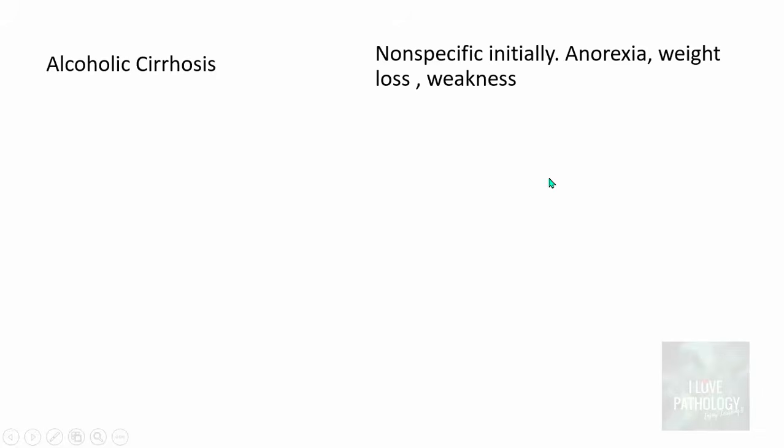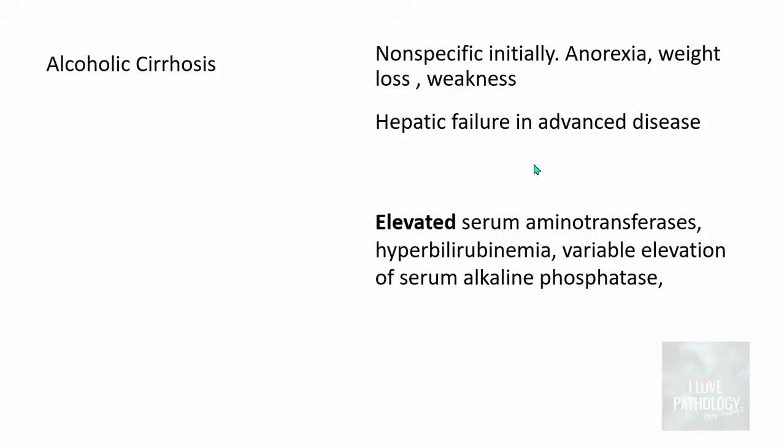Coming to the alcoholic cirrhosis stage, initially the symptoms are non-specific. Most often these patients will have anorexia, weight loss, and weakness. Hepatic failure is a feature often found in advanced cirrhotic patients. The elevated serum aminotransferases, increased bilirubin levels, and variable elevation of alkaline phosphatases are serological findings.